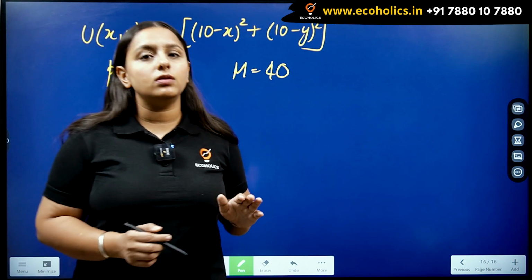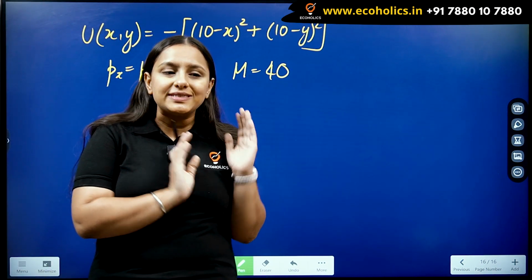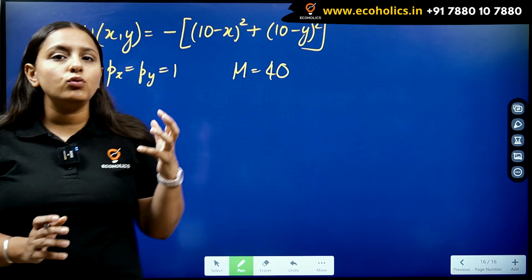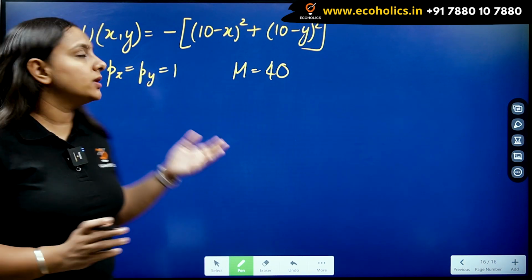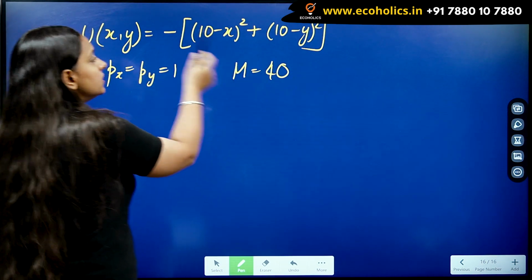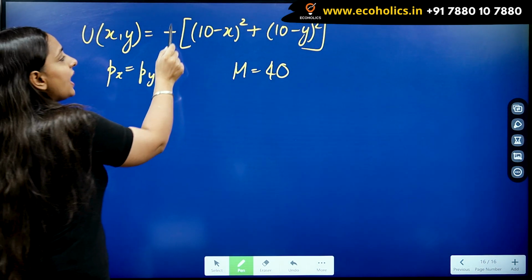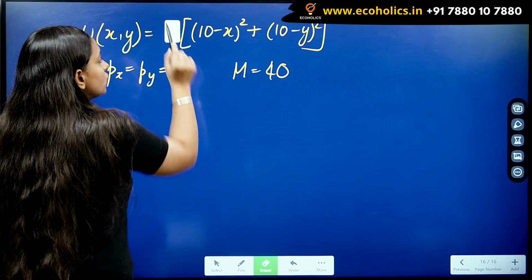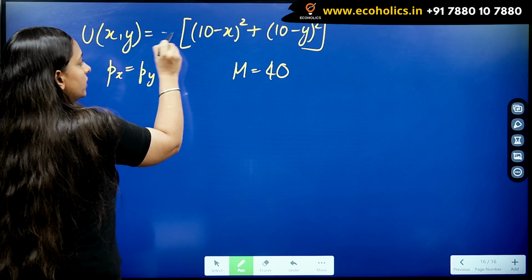But the thing over here is, before you proceed with some question with the help of Lagrange, the first thing you have to always do is look at the objective function. If you go here and look at the objective function, the utility function, it has a minus over here. So utility has some sort of minus sign over here, right?